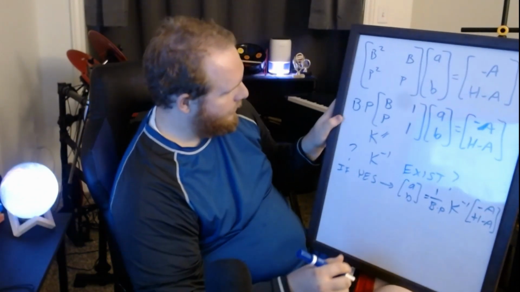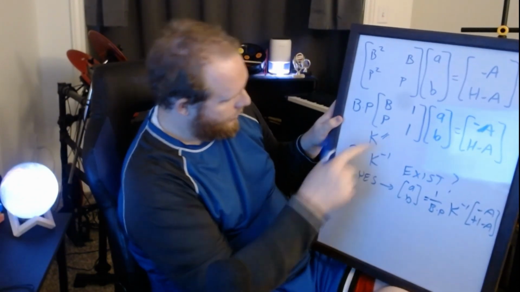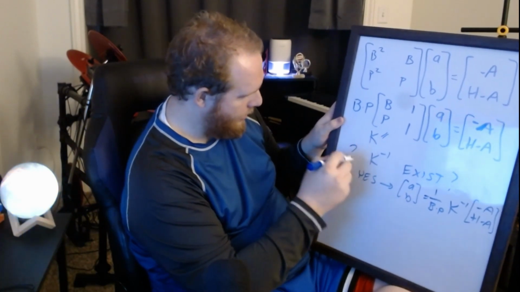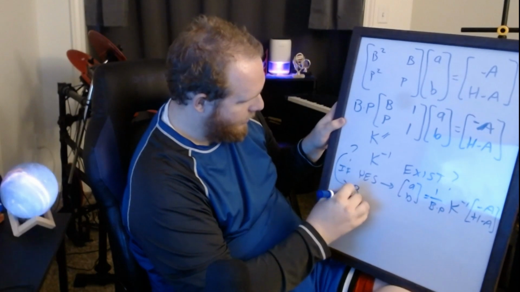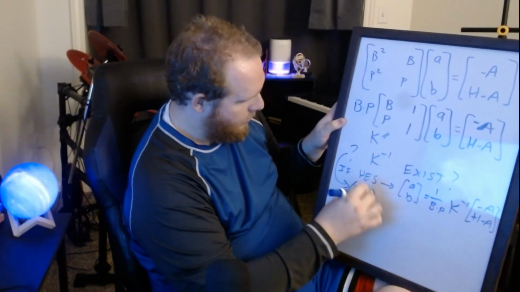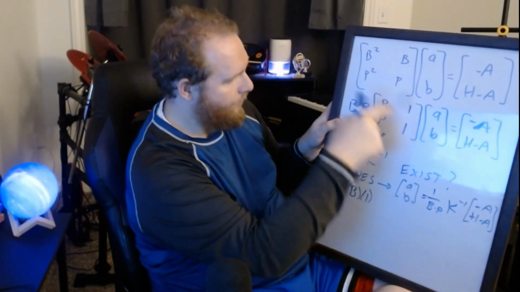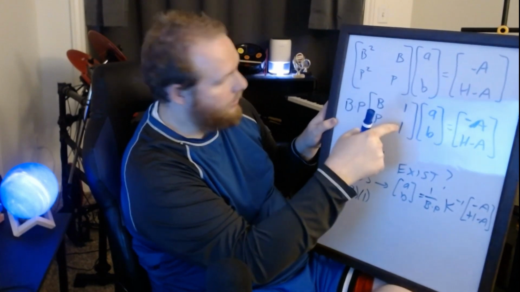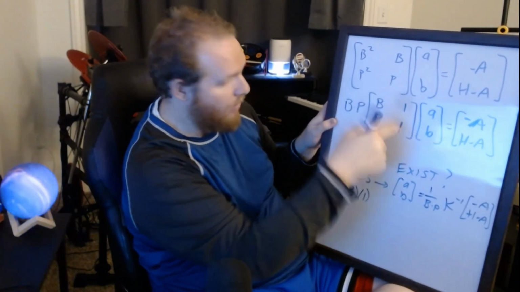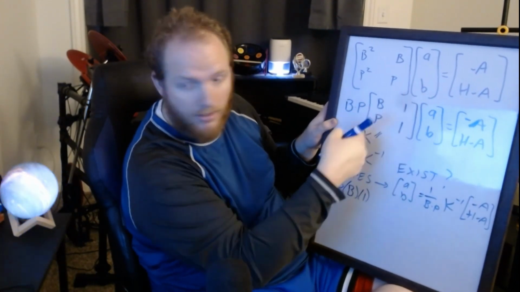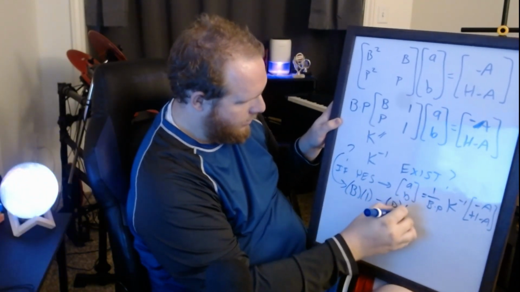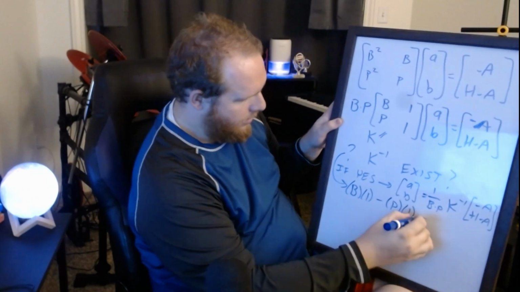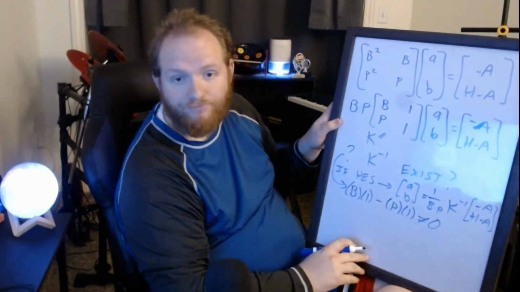Well, it turns out that knowing whether this exists is simply checking whether the determinant, which is the product of the main diagonal minus the product of the off diagonal, does not equal 0.